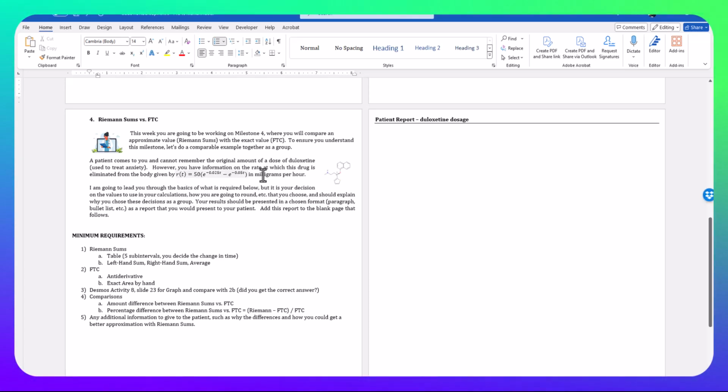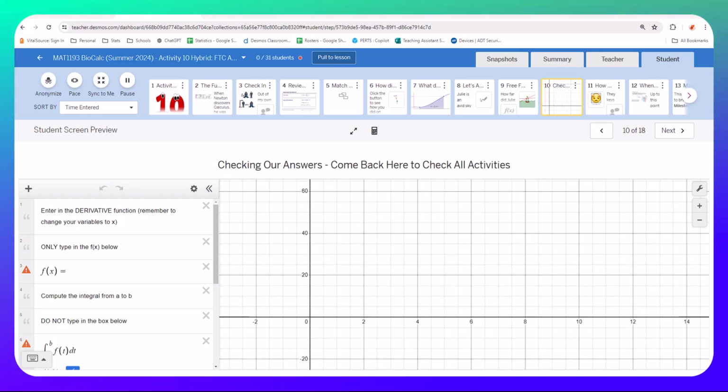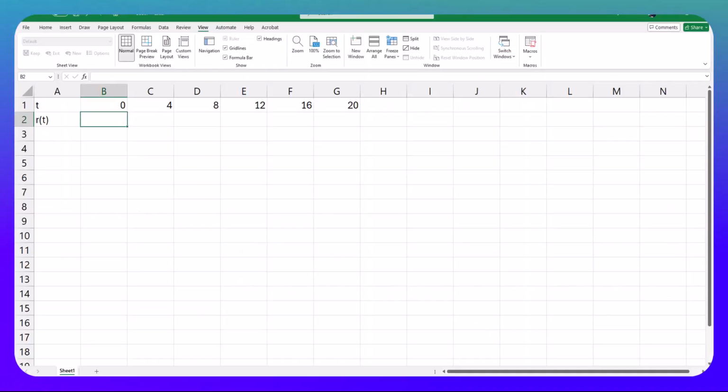And so you're given this rate right here, and you want to do Riemann sums, a table with 5 sub-intervals, and you can pick your change in time, and then find a left-hand sum and a right-hand sum. Now, you will see that I am very lazy to pick this up with a calculator, so what I do is I use Excel.